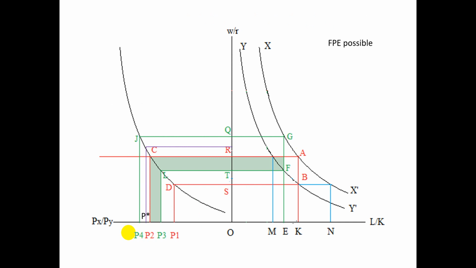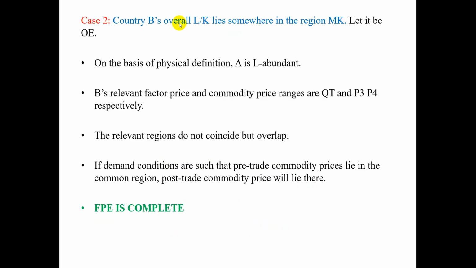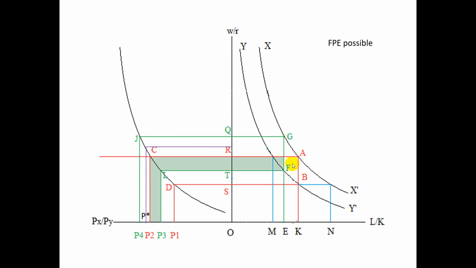So let's consider the diagram once again. OK is the labor capital ratio for country A, right? And MK, this is the range. So we are assuming that country B's overall labor capital ratio will lie somewhere in the region MK.